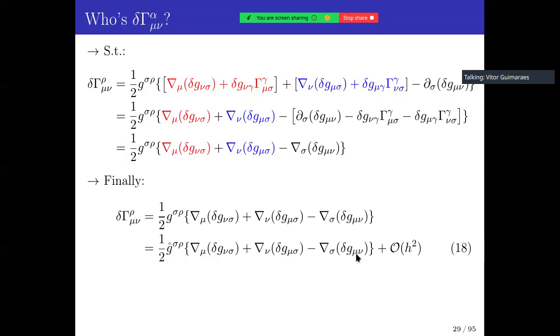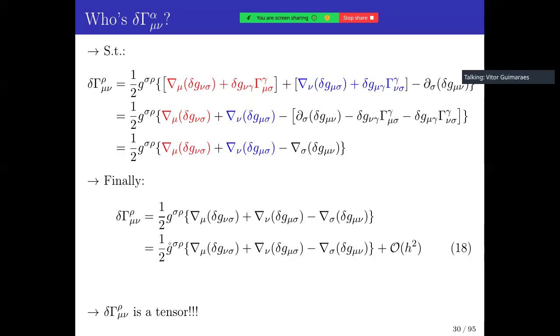And okay, so let's see. The thing is, this object here is a tensor. And the thing is, the original Christoffel symbols are not tensors, right? We saw that they don't transform as tensors, right?